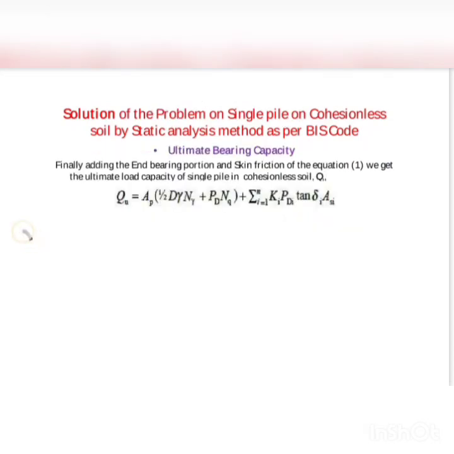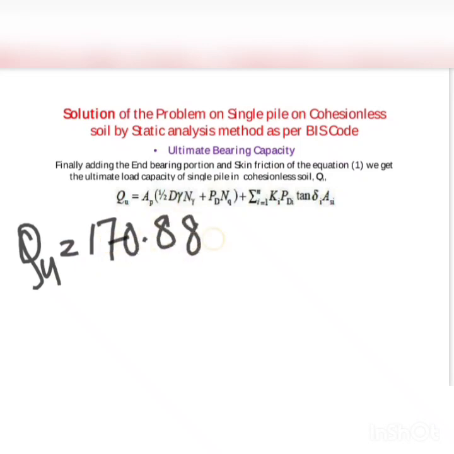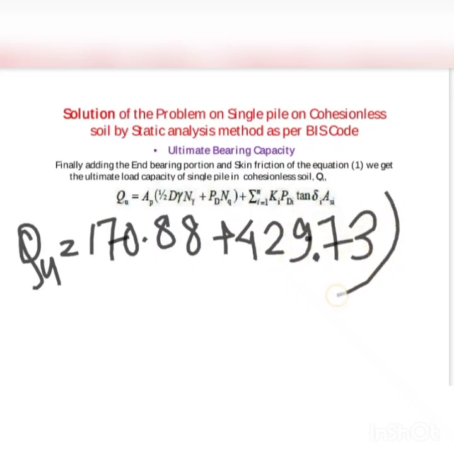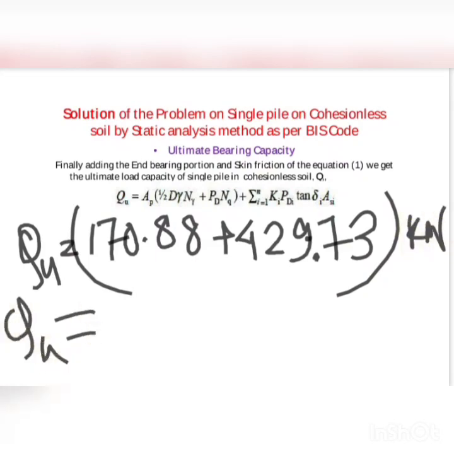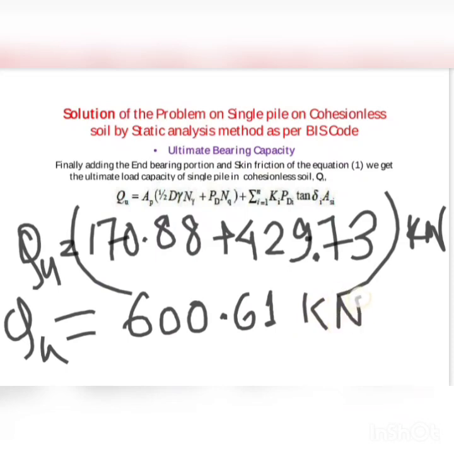Now if we add both, 170.88 kilonewton plus 429.73 kilonewton, you will find the Q suffix U, that is the ultimate load capacity of the pile, and this is 600.61 kilonewton.